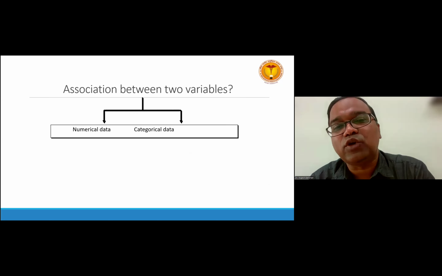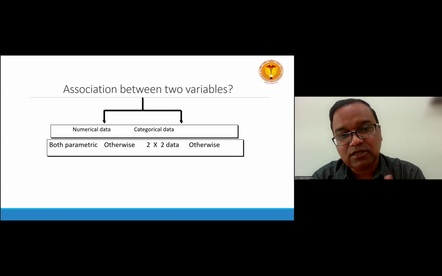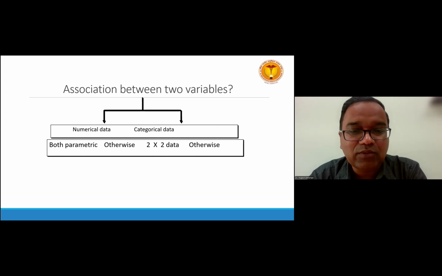Now coming to the most important part, association between 2 variables. When I say 2 variables, it means either both are numerical or both are categorical in nature. If both are numerical, we need to check whether both of them follow normal distribution or not. If either of them does not follow normal distribution, then we won't be able to apply a parametric test.